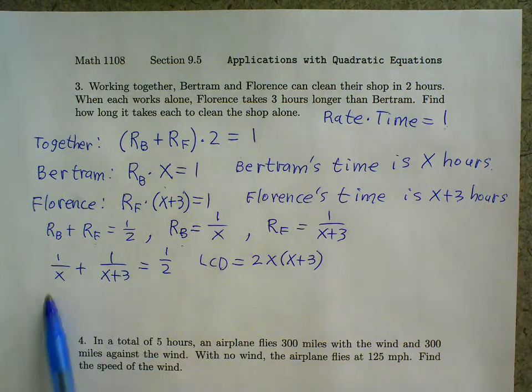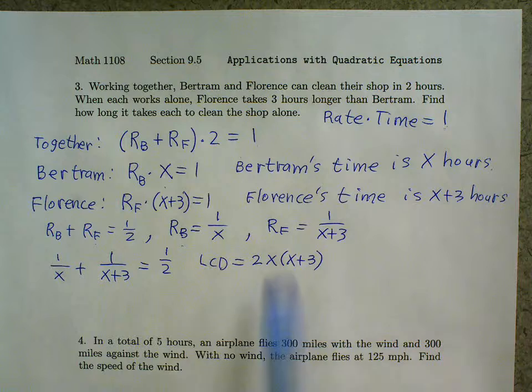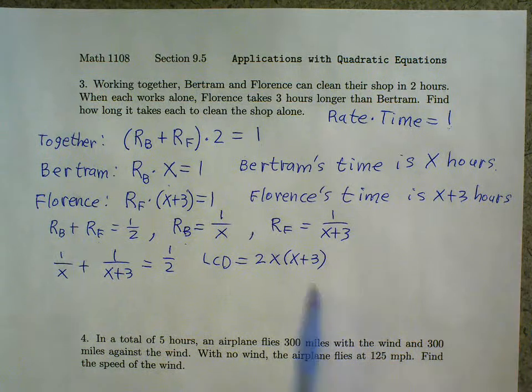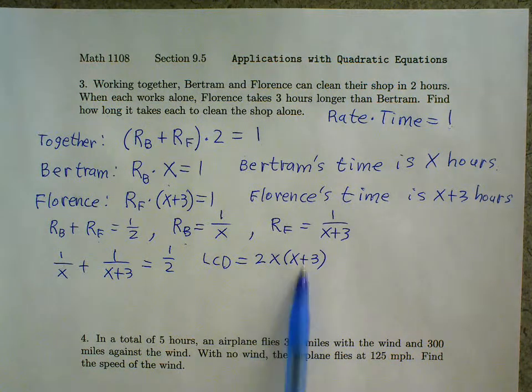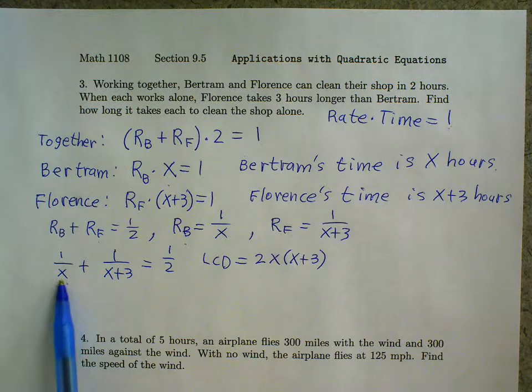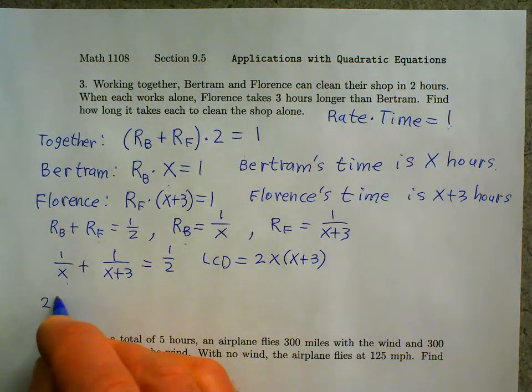So we multiply every term on both sides by 2X times X plus 3. When we multiply 2X times X plus 3 by 1/X, the X's cancel, so we get 2 times X plus 3.